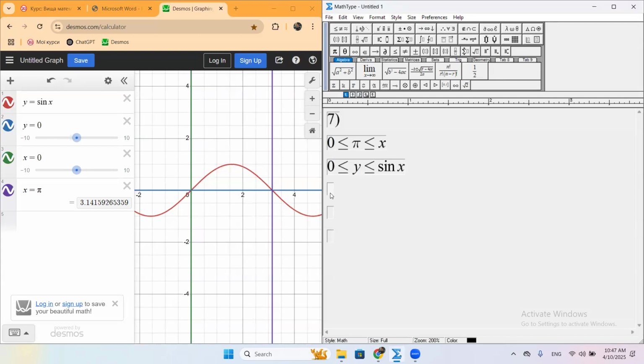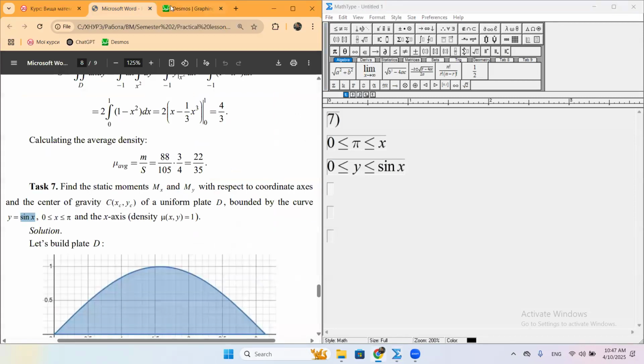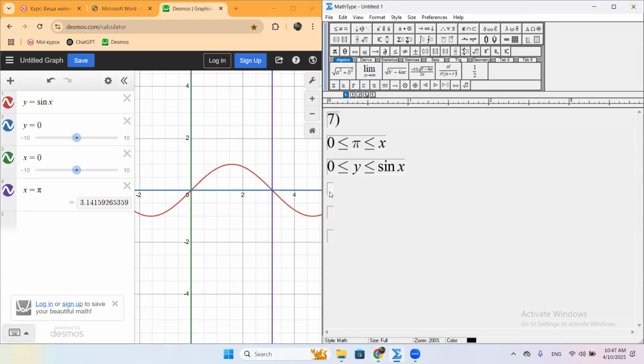And how to calculate static moments with respect to different axes. So for x, the following integral. So x over... x multiplied by... okay, I don't remember if we have to multiply by the density or not.